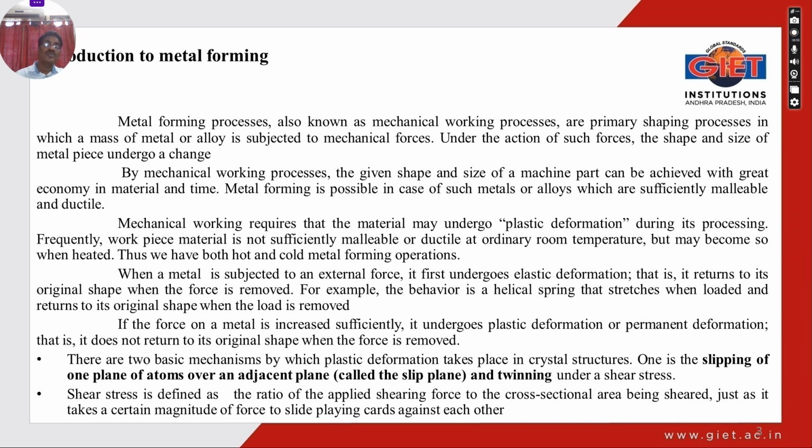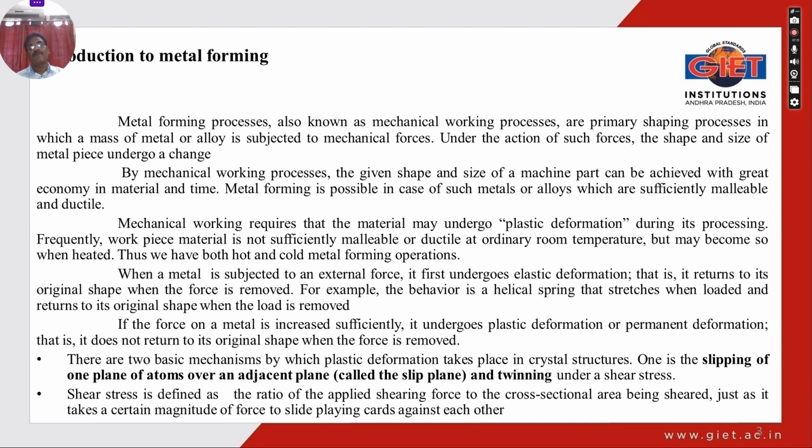Macroscopically, when the metal forming process is applied, the desired shape and size of the metal or alloy are obtained, but something happens inside at the micro level. There are two possible mechanisms by which plastic deformation takes place. Usually, in the case of crystal structures, the material is composed of crystals, and each crystal is composed of a group of atoms.